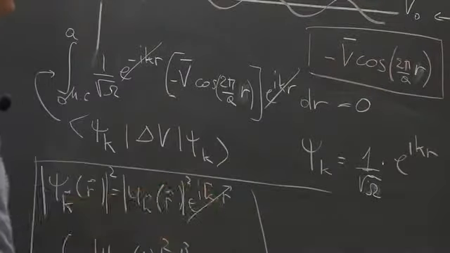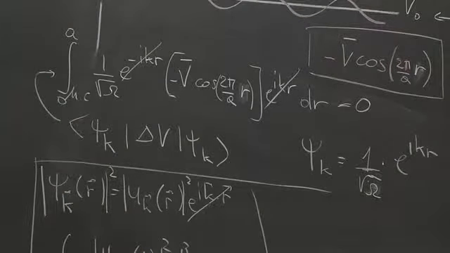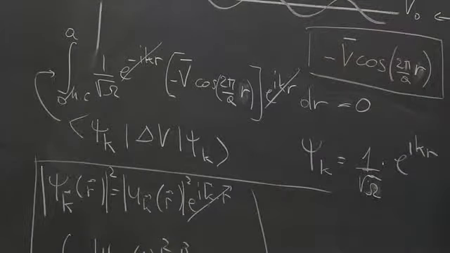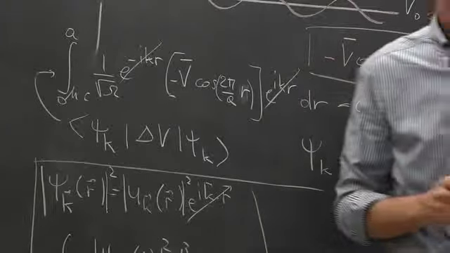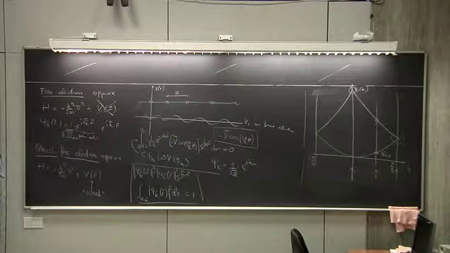The integral of a sinusoidal function over the period of the oscillation must be 0. So, first conclusion. To first order, at least in perturbation theory, this state is not going to be affected by our perturbation. Second order, of course, it will be affected. But to first order it is not going to be affected.